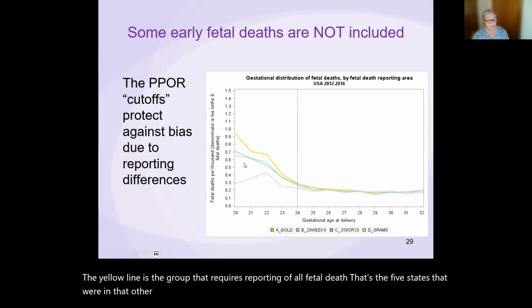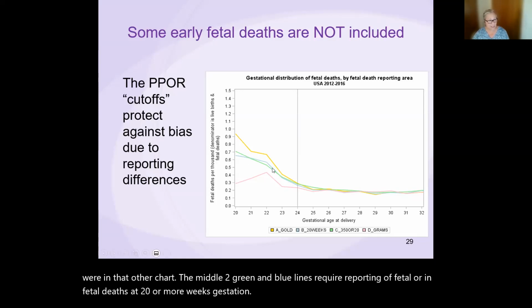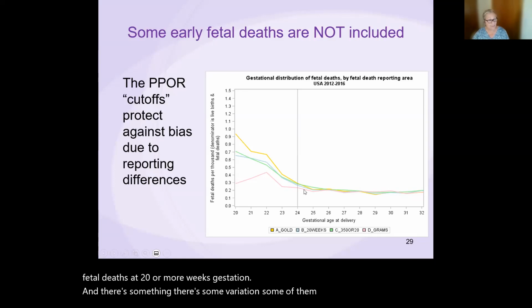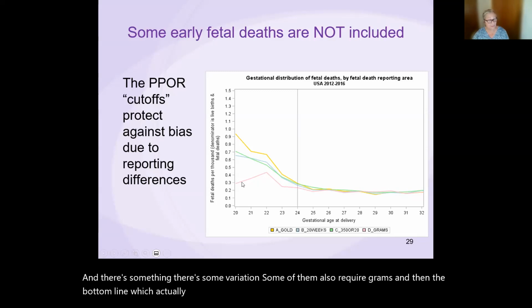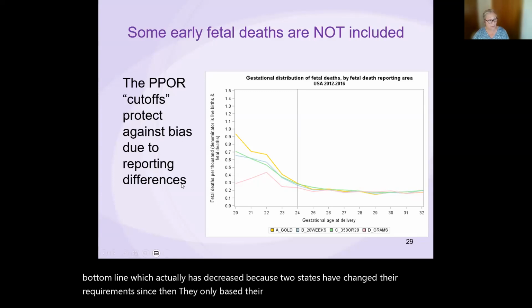The middle 2 green and blue lines require reporting of fetal deaths at 20 or more weeks gestation. And there's some variation. Some of them also require grams. And then the bottom line, which actually has decreased because 2 states have changed their requirements since then, they only base their reporting requirement on grams at birth weight.